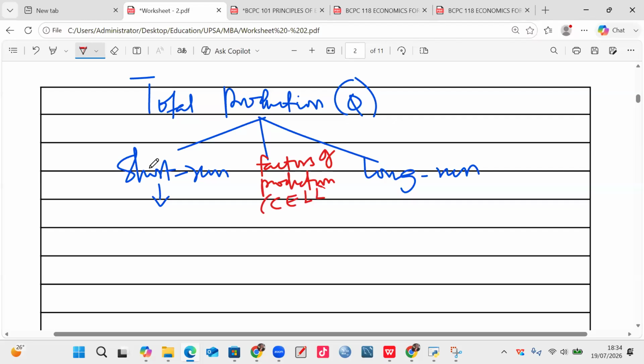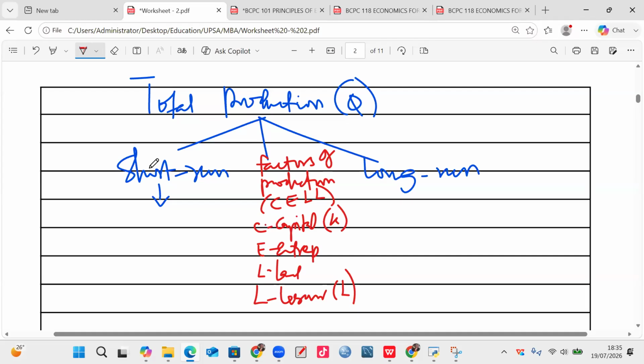We have more, but let's go with only CEL. So CEL, we have C here, we have E here, we have L, we have L. We have capital here. We have the entrepreneur. We even have raw material, but I'm not adding it. We have land, we have labor. Of these four, the economic concept of production is only concentrating on the capital, which is the K, and the labor, which is the L. Are you getting it?